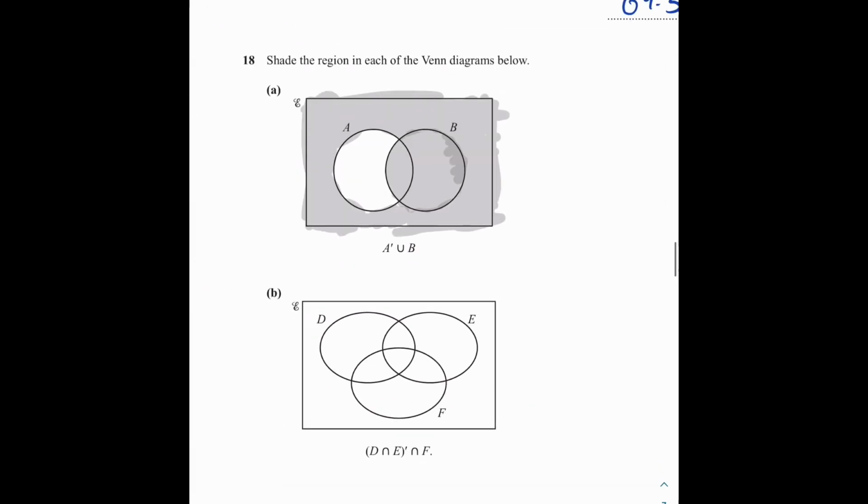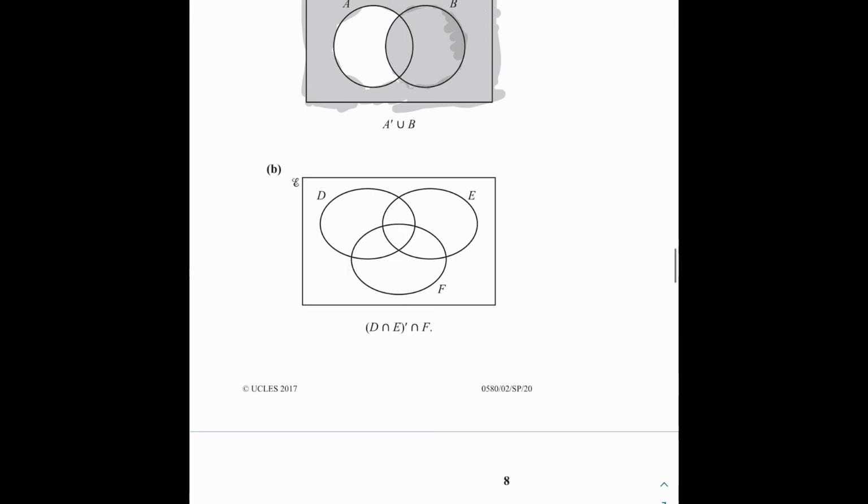That's 1 point. Oh, there's also 1 point. D, I think that's the intersection one. It says D intersection E prime, and that intersecting F. So D intersecting E prime, so this much, I believe, intersecting F, so this whole thing.